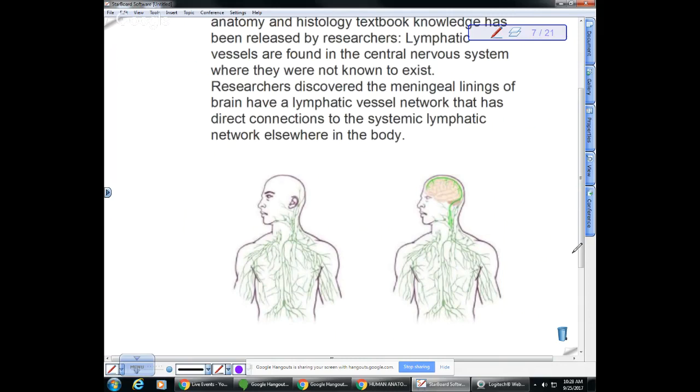So perhaps now that we know about the lymphatic system in the brain, we can study it more and determine its important function. It's kind of interesting that we thought for many, many years there was no lymphatic tissue in the brain, but there is.